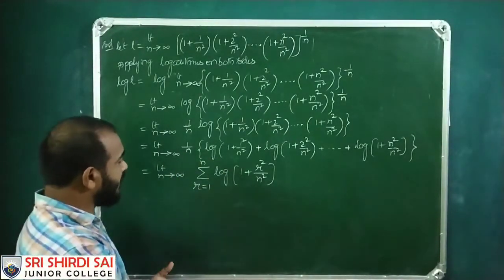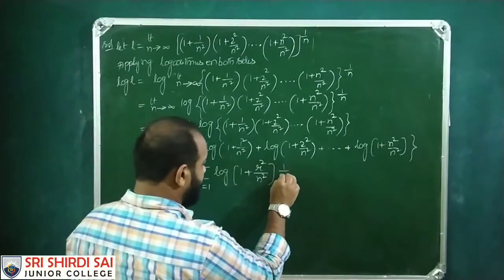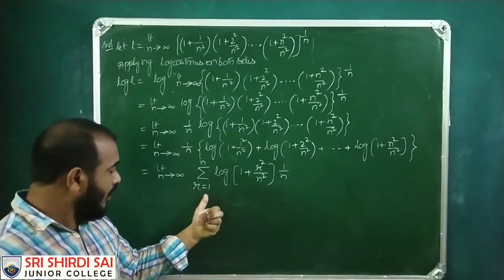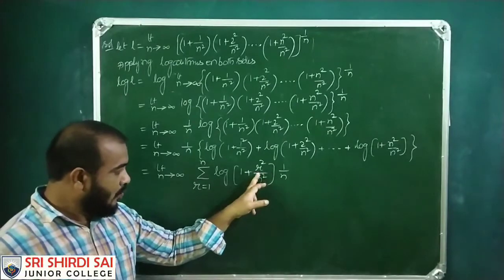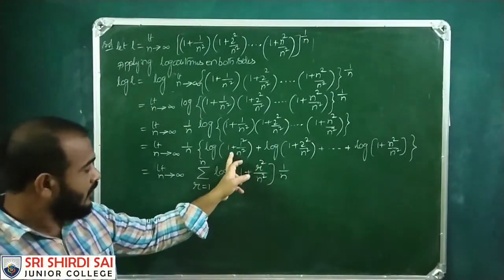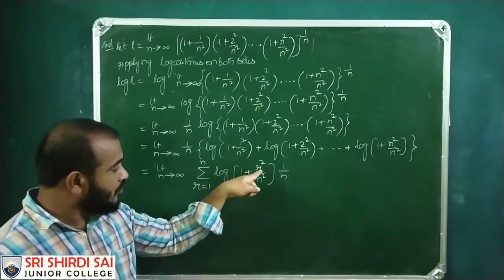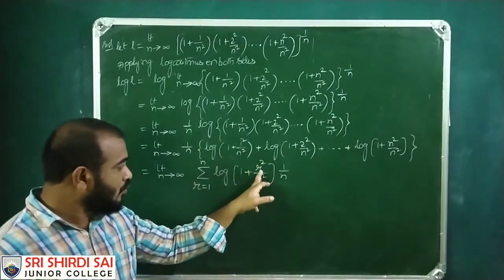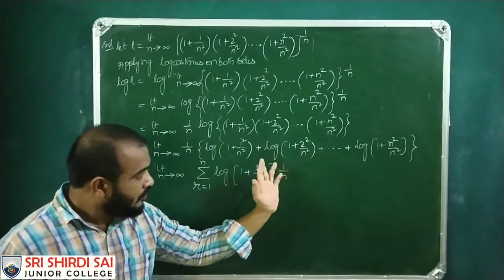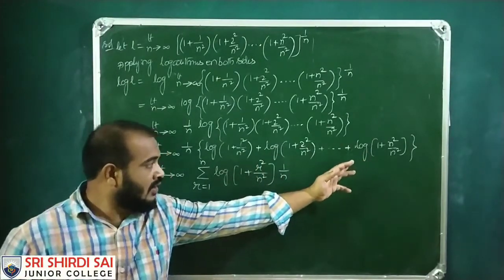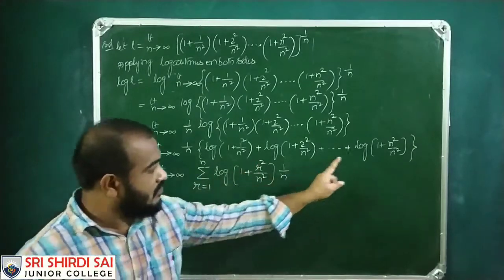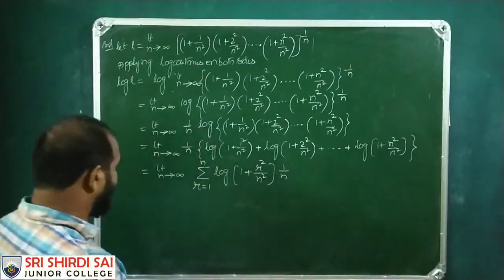You can even check it: put r equals 1 and substitute 1 square by n square, then r equals 2, plus 2 square by n square, and it goes on until r is n, n square by n square.